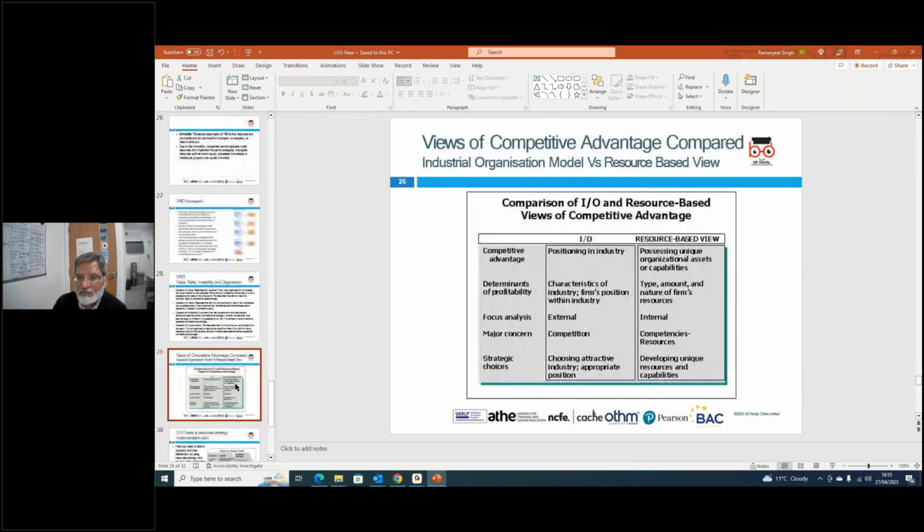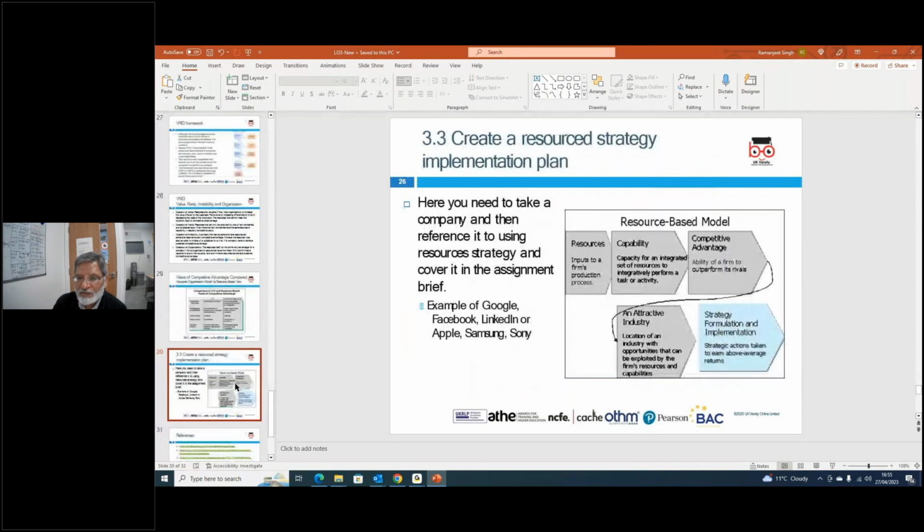Okay, I'm not going to remove this resource-based strategy, right? So this is very quickly 3.2, and the last section, 3.3, is to create a resource strategy implementation plan.